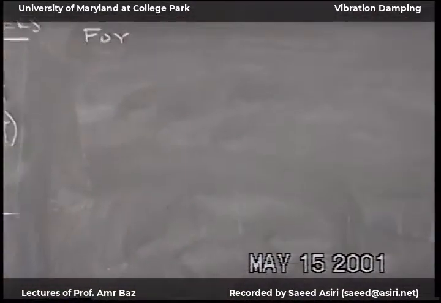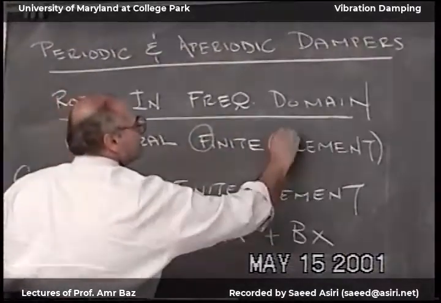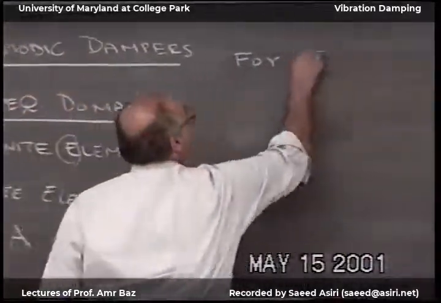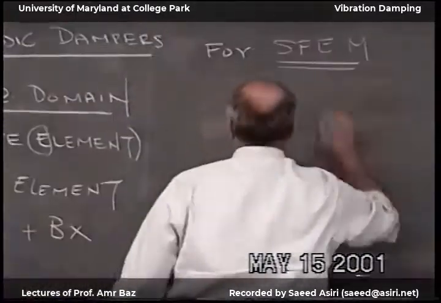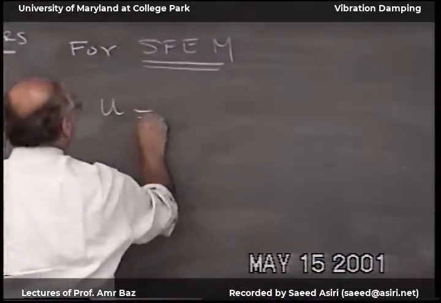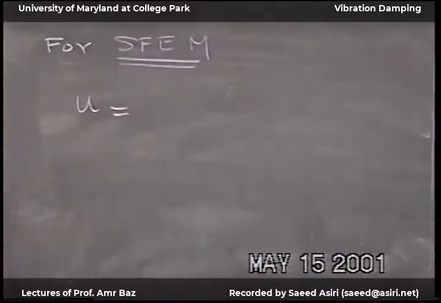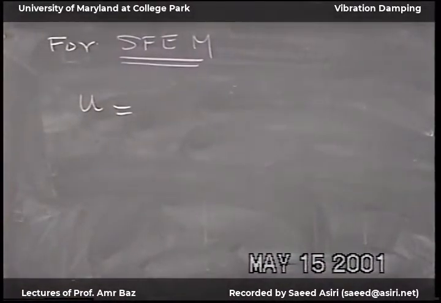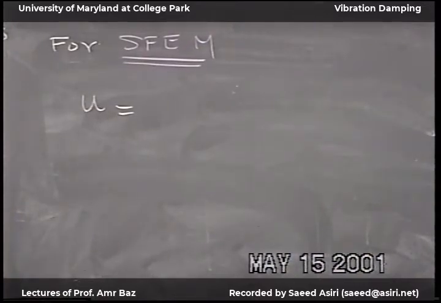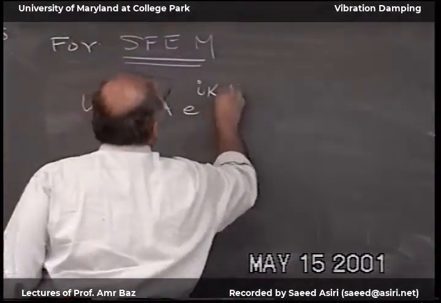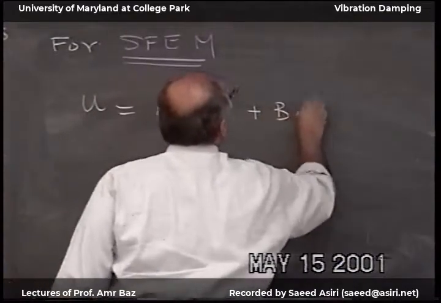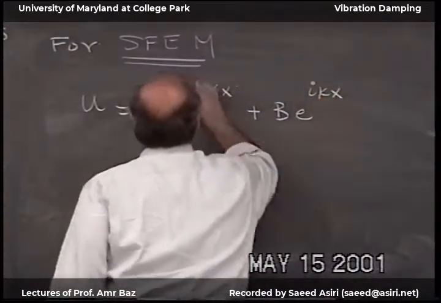Okay? For the spectral finite element method, I'm going to write u like this. Let me just take the symbols that I have. I'm going to write it A e to the minus ikx, B e to the plus ikx.